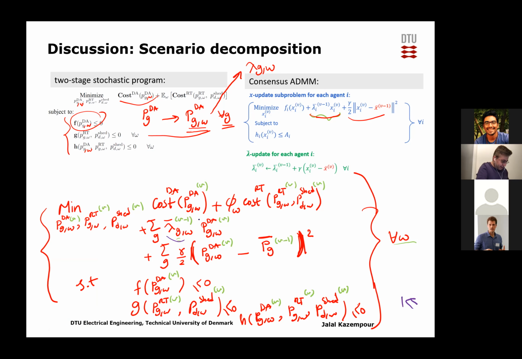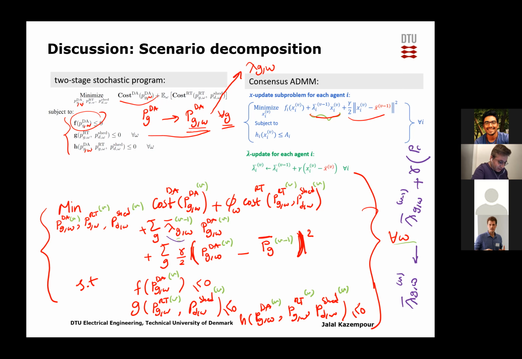So lambda bar G omega in iteration new comes from the previous lambda bar, plus gamma times, and then that term looks like the inside of our penalty term, I think.